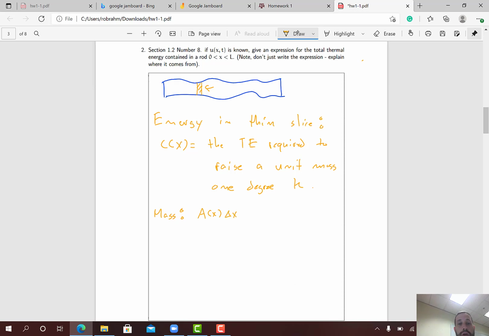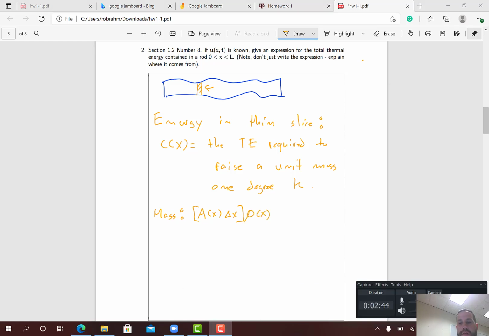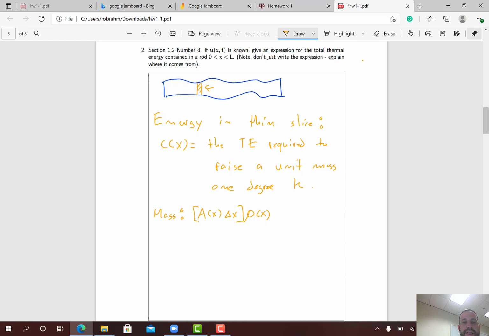That gives the volume, times the mass density. And this is the area, the cross-sectional area. This is the length of the piece.